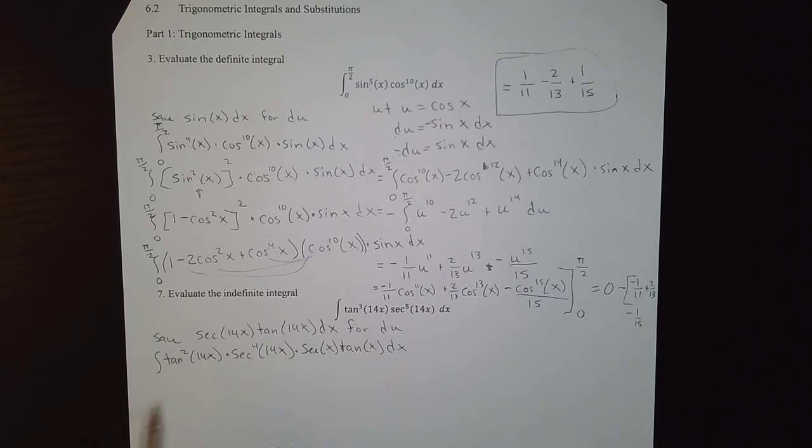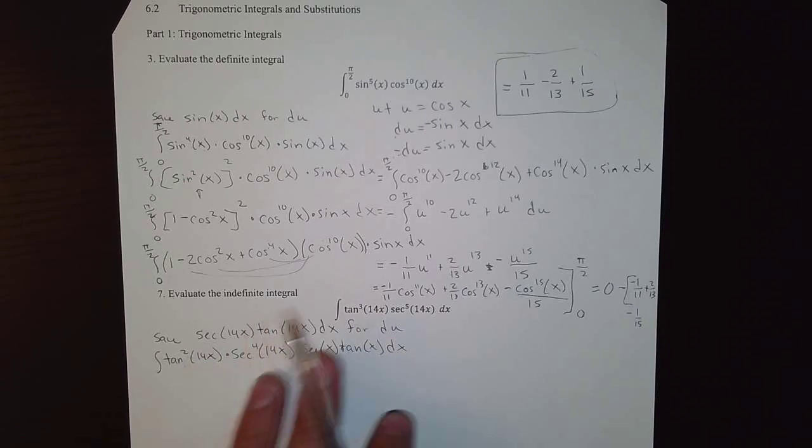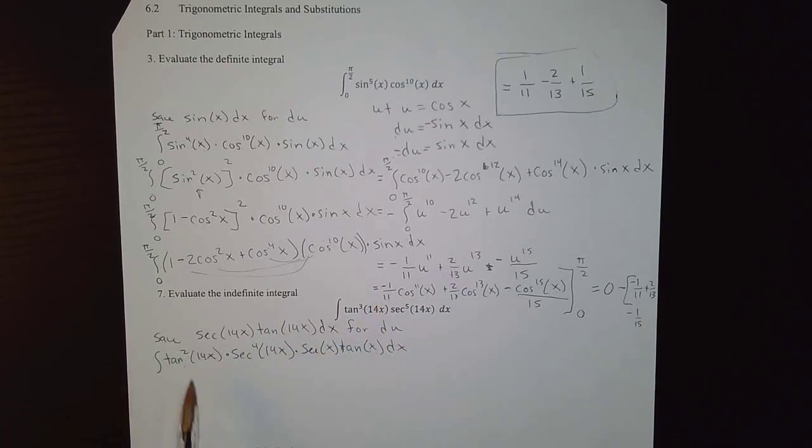Now from here we want to convert one of these. So we're saving this for du; we don't use this until the end. What we want to figure out is, what is the antiderivative of secant tangent? It would just be secant.